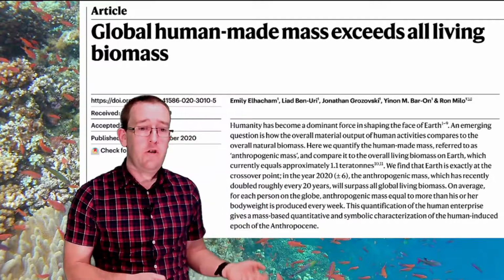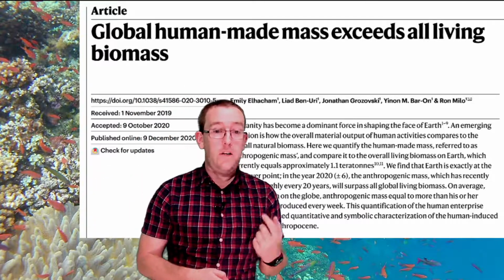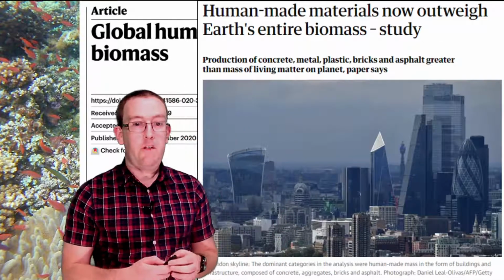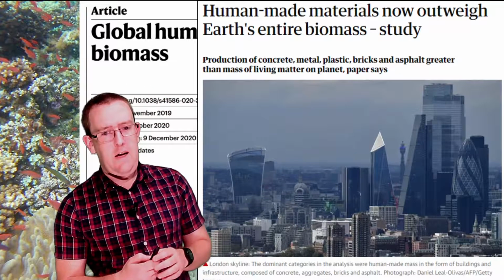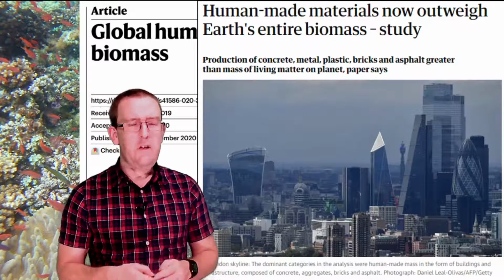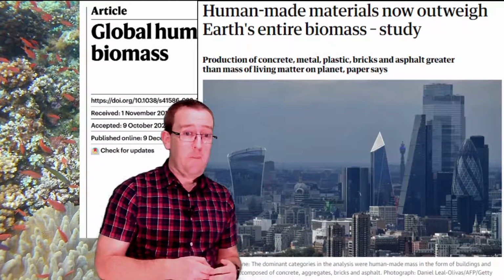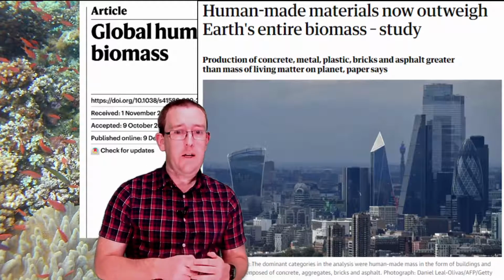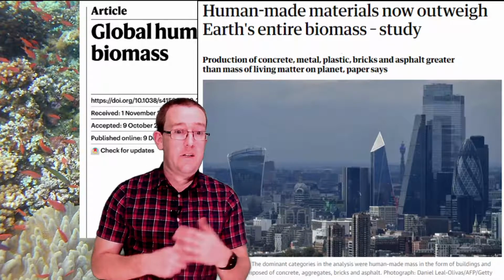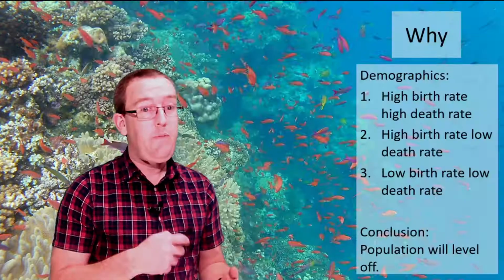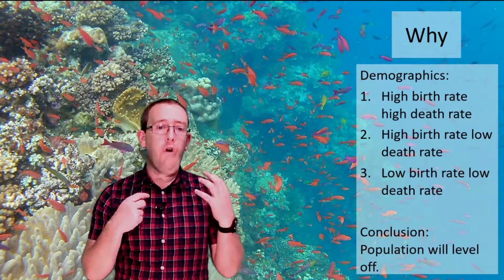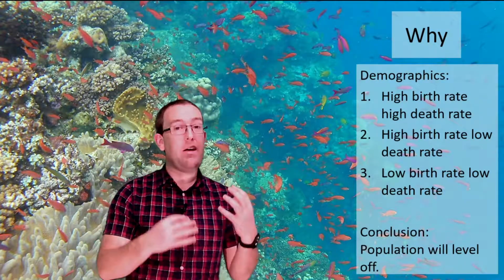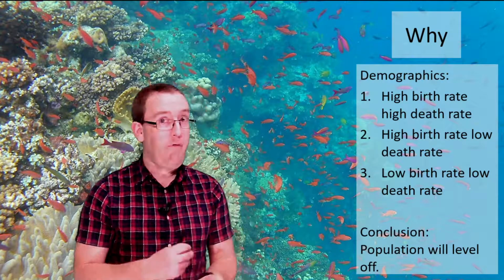This was published in December 2020, widely reported in the press as well. I think this is taken from The Independent, particularly with things like plastic and asphalt. We'll come to the effects of those things in later lessons, but that's the effect of an increasing population: the increasing amount of stuff that we're making and throwing away.